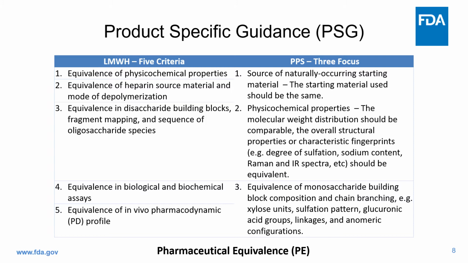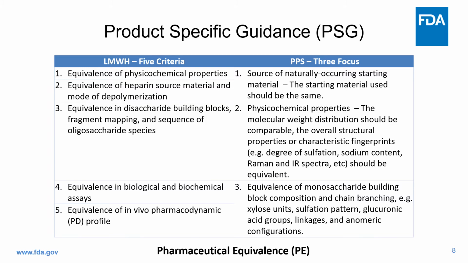For PPS, we have 3 focuses in the review to establish the pharmaceutical equivalence. First, source of naturally occurring starting material. We should demonstrate the starting material used are the same. Second, concerning the physical-chemical properties, the molecular weight distribution should be comparable.